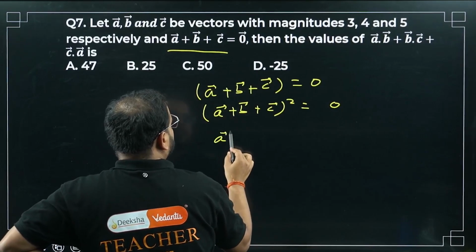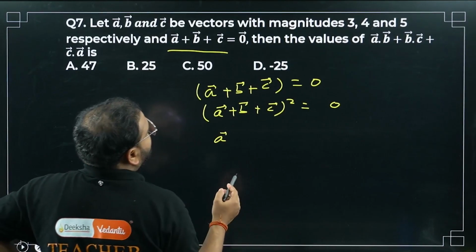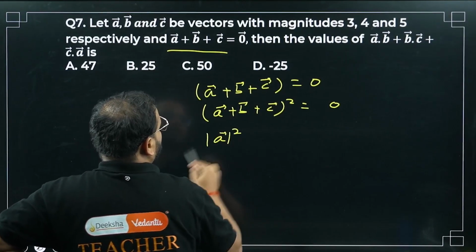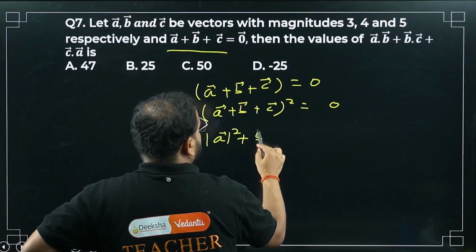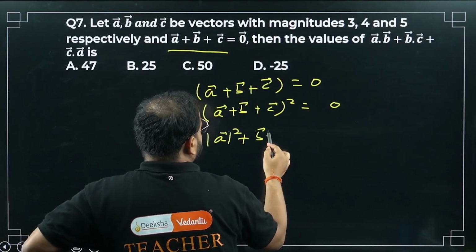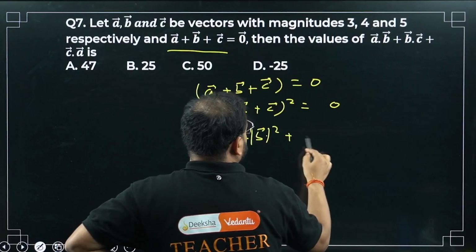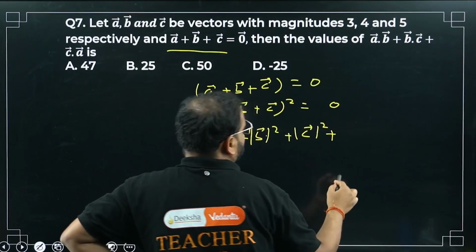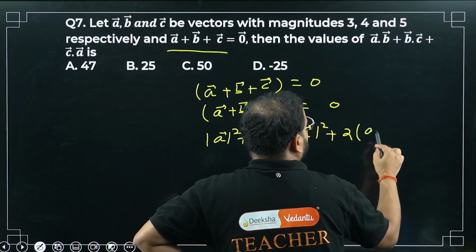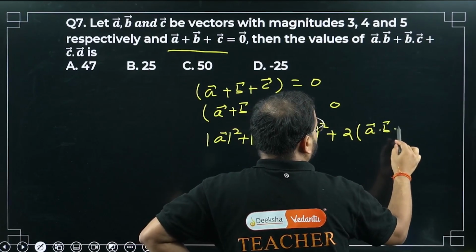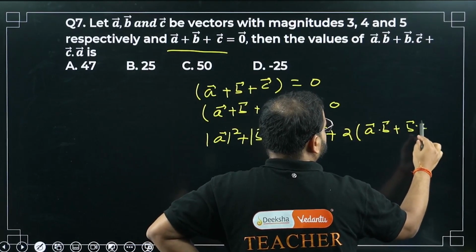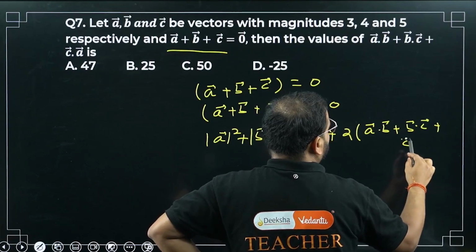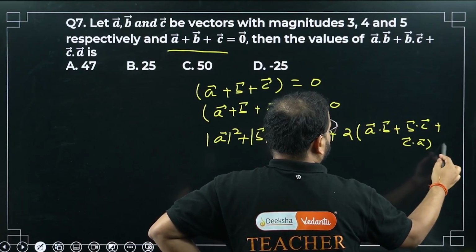So A square plus B square plus C square plus 2 times of A dot B plus B dot C plus C dot A equals to 0.